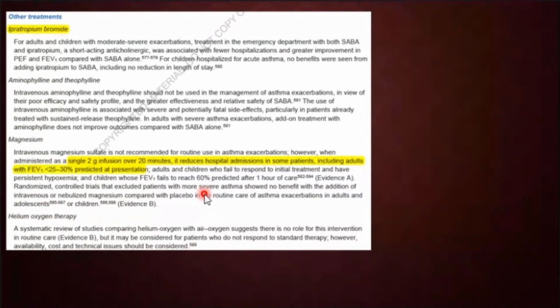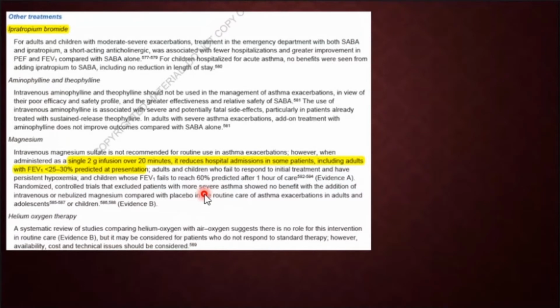Now, helium oxygen therapy. Helium oxygen therapy basically is a mixture of 20% helium and 80% oxygen. Okay, so what helium does to the oxygen is that it increases the Reynolds number of the mixture, making it more stable. Therefore, that allows the oxygen to reach up to the distal airways. It increases the laminar flow.